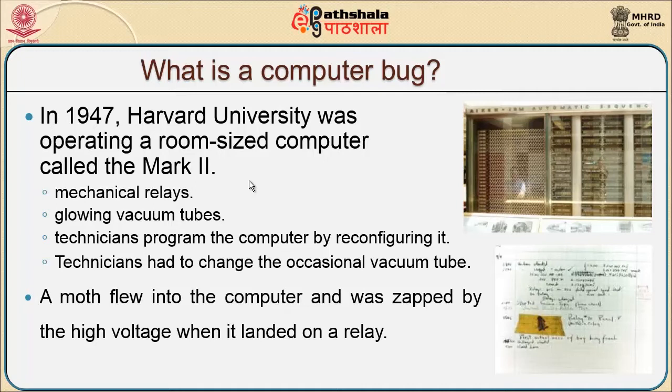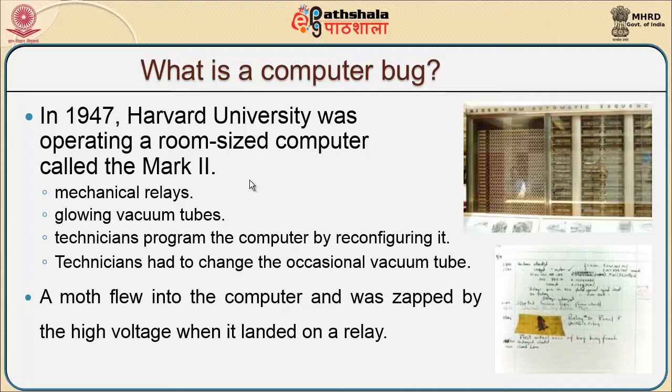In 1947, Harvard University was operating a room-sized supercomputer called Mark II, with mechanical relays and glowing vacuum tubes, where technicians programmed the computer by reconfiguring it, and also had to change the occasional vacuum tubes.